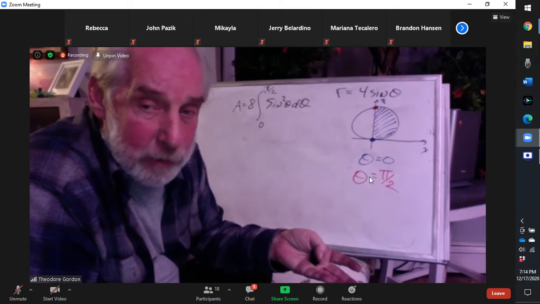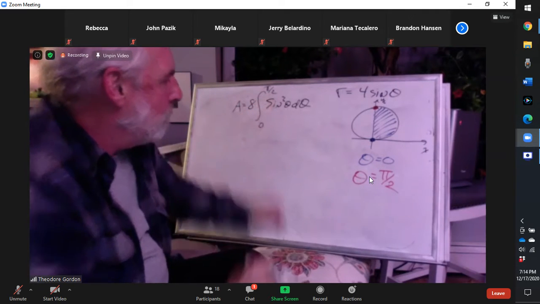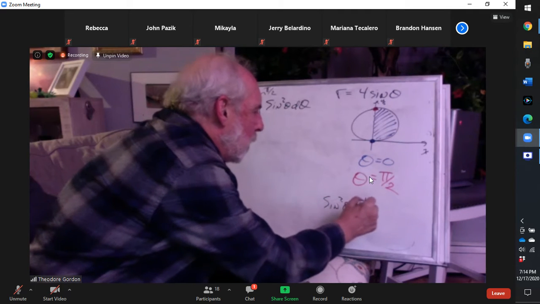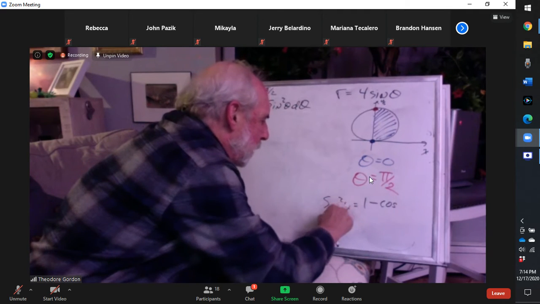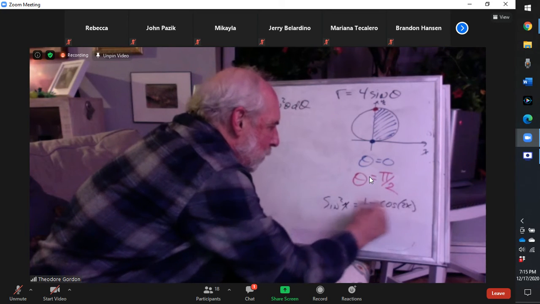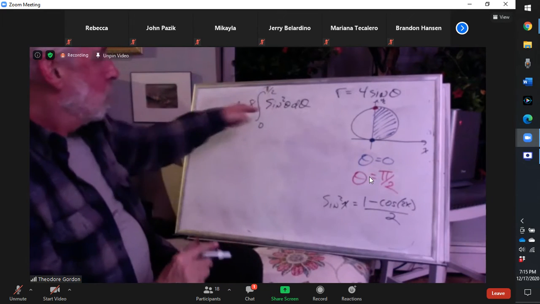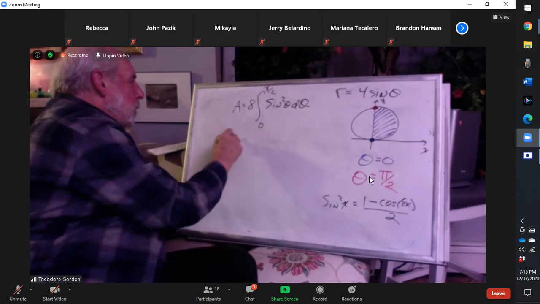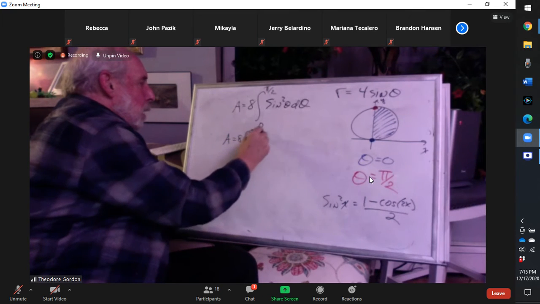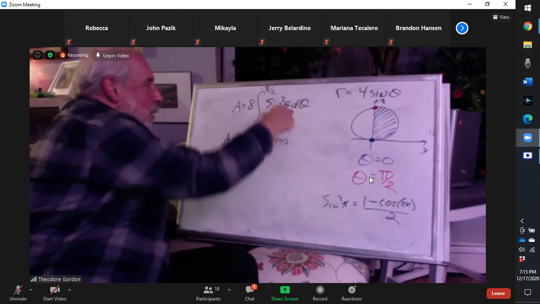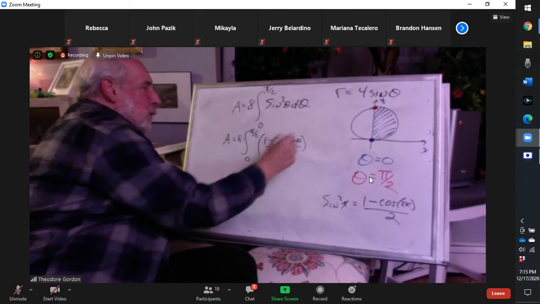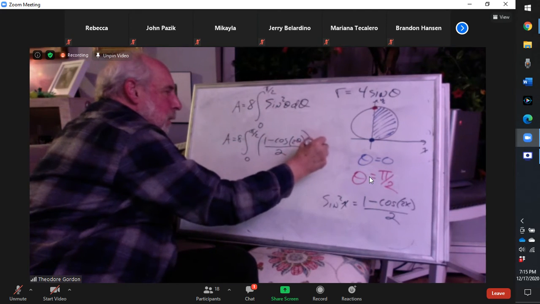We're going to do power reducing again, but this time it's sine. So sine squared of x is 1 minus cosine of 2x, over 2. So this now becomes area is equal to 8 times the integral from 0 to pi over 2 of 1 minus cosine of 2 theta, because we've only got 1 theta here, all over 2, d theta.